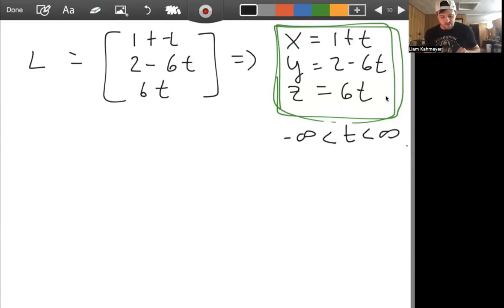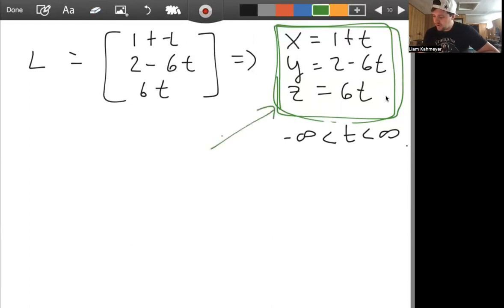Great. So that was a good example. One thing you may notice, or something you can observe, is that when you're in component form, these are all linear functions in t, and so that means you can explicitly solve for t in every equation.